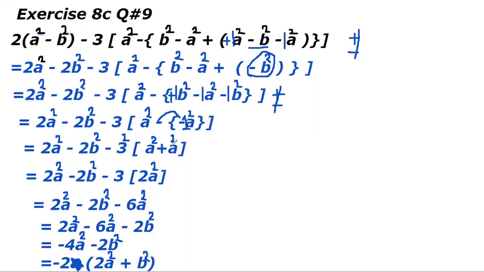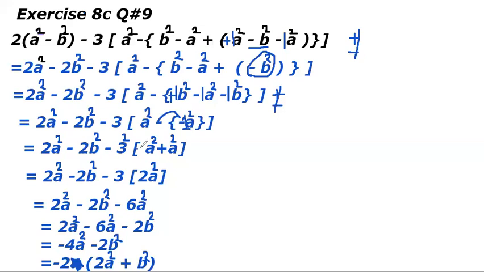Okay, now let's move towards the next step. You can see 2a square, negative 2b square, negative 3. This is as it is. We copied down these three terms from the above step, no changing. And a square plus a square gives us 2a square.